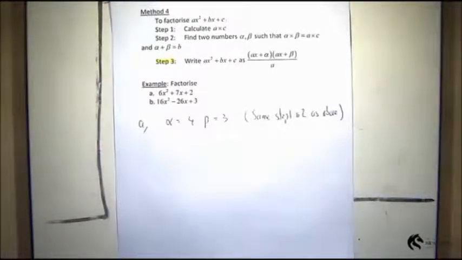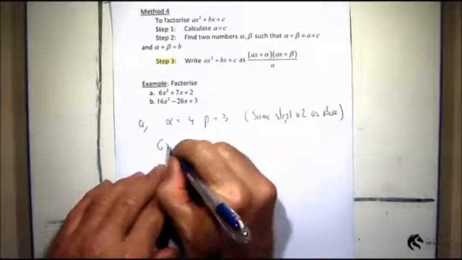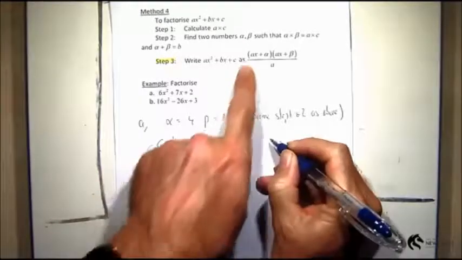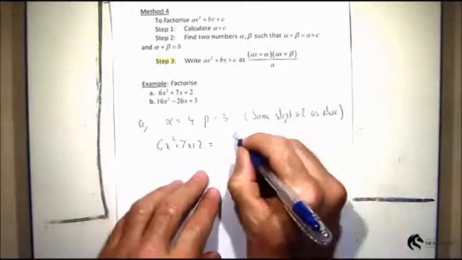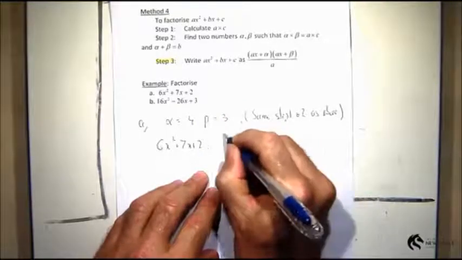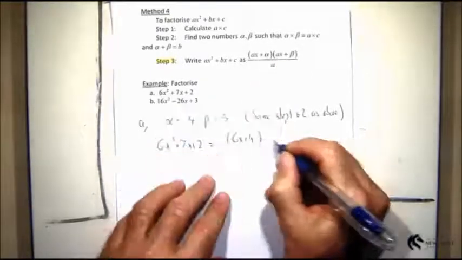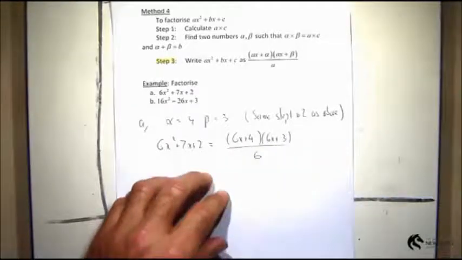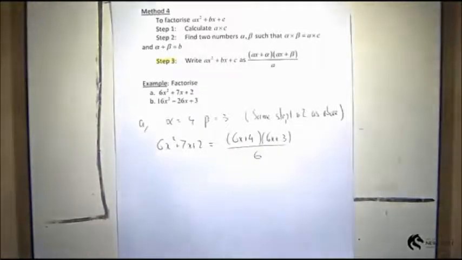Now what we do is we write 6x squared plus 7x plus 2 as, it says ax plus alpha, so that's 6x plus 4, then ax plus beta, so that's 6x plus 3, and divide the whole lot by 6. And that's it, done.